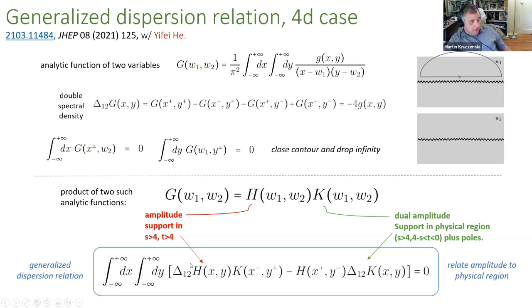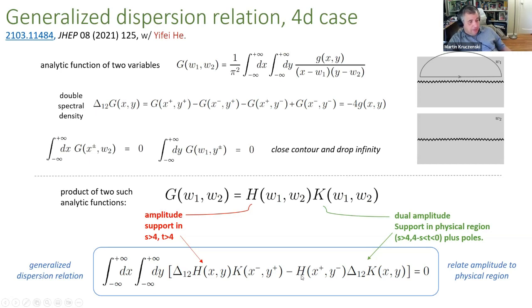And this combination has a double jump of the amplitude that has support in the Mandelstam region S bigger than 4 and T bigger than 4. And we put the dual amplitude such that the double jump has support in the physical region. And therefore, this integral, this part, will contain the amplitude in the physical region that is bounded by unitarity. And here we can put some delta function, and some delta function here, that gives you the value of the H at some unphysical point.